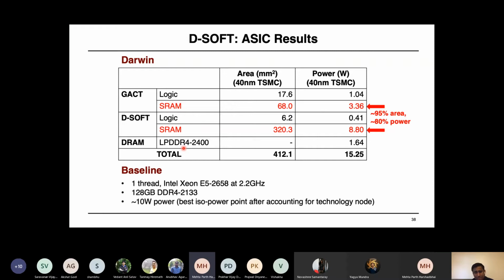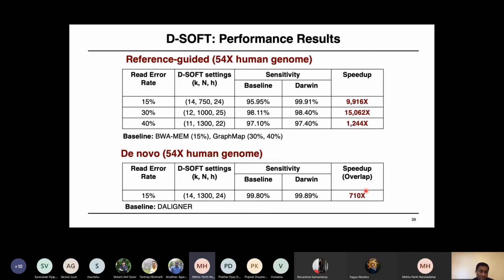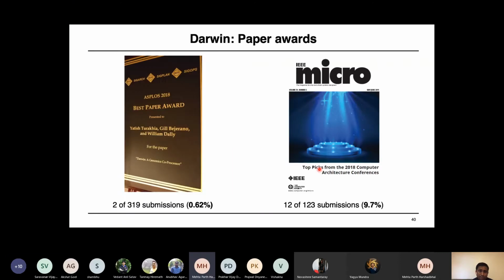For the baseline, we used a state-of-the-art Intel Xeon processor, but a single thread, because that's the ISO-power point of comparison, especially after you account for technology node difference. And these are the performance numbers for different long reads. As you can see, the speed up is huge, 1,000 to 15,000-fold for reference-guided assembly, and about 700-fold for de novo assembly.